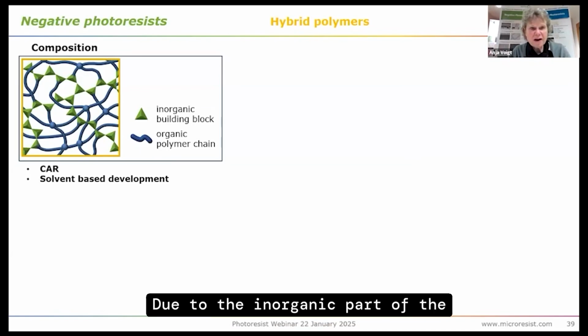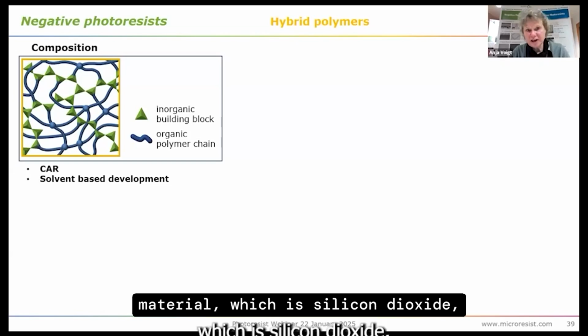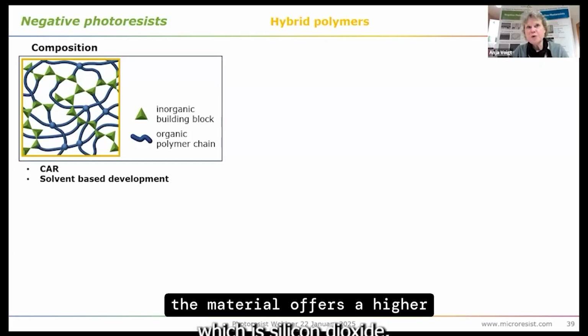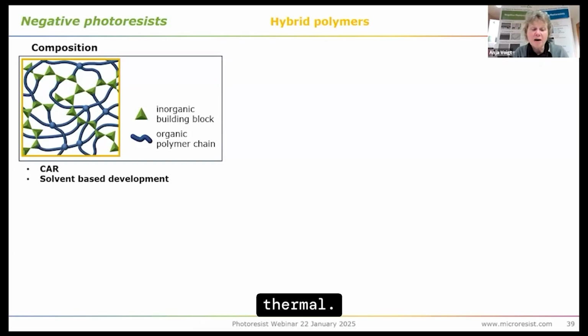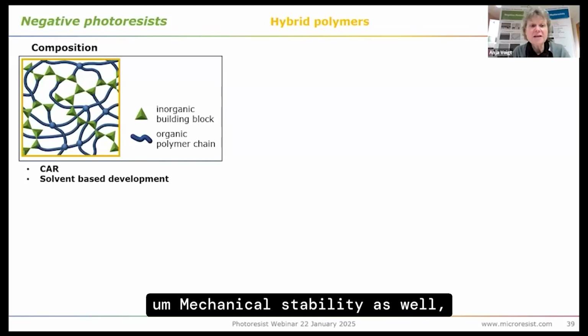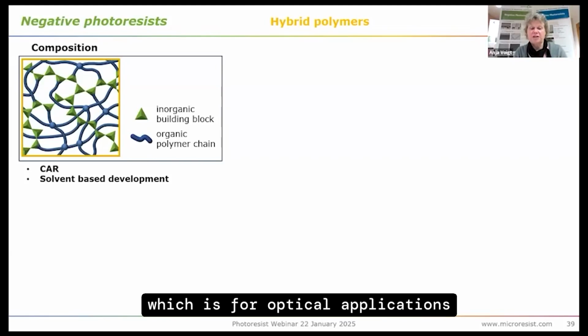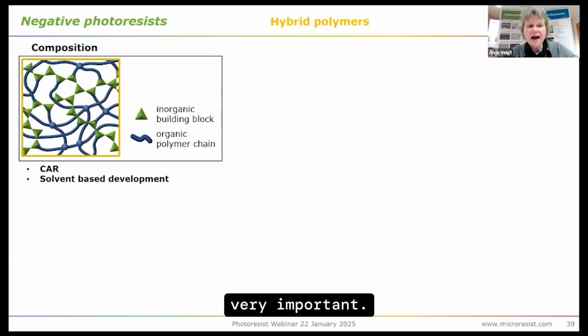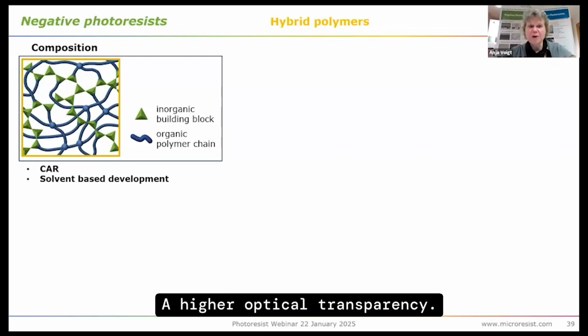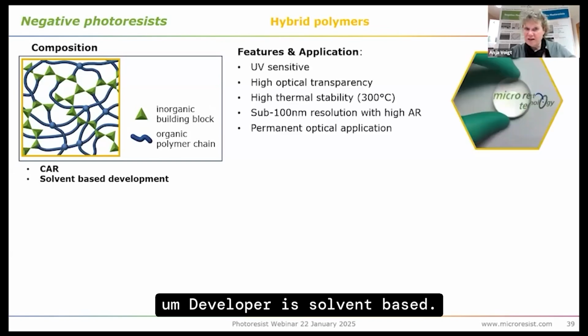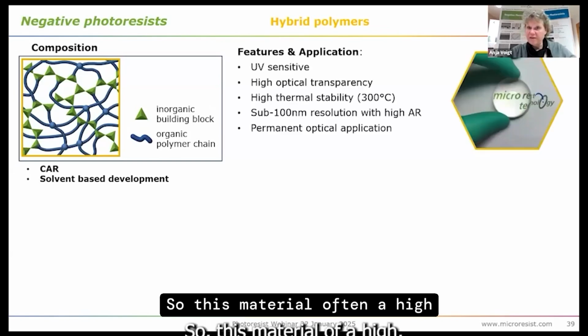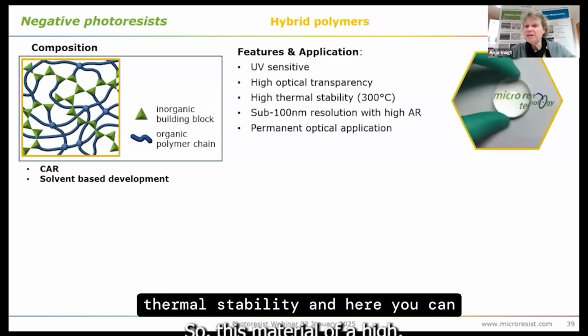Due to the inorganic part of the material, which is silicon dioxide, the material offers a higher thermal and mechanical stability as well, which is very important for optical applications, and a higher optical transparency. The developer is solvent-based. So this material offers a high thermal stability, and here you can see how it looks.